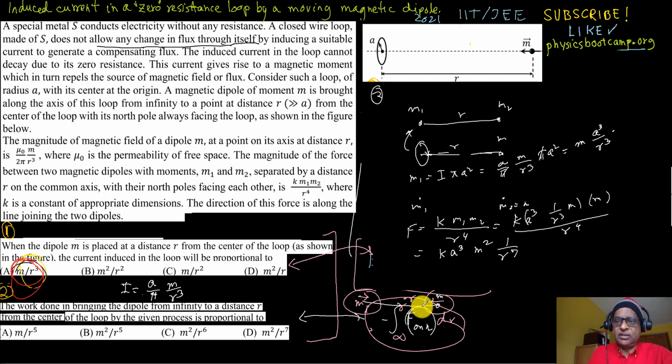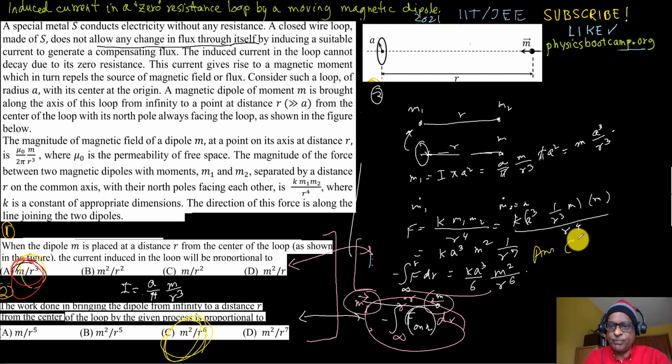When I do this integral, of minus f dr from infinity to r, this is going to be k a cube over 6, m square over r to the power 6. Looking over here, I see this as the answer. So the answer is C.